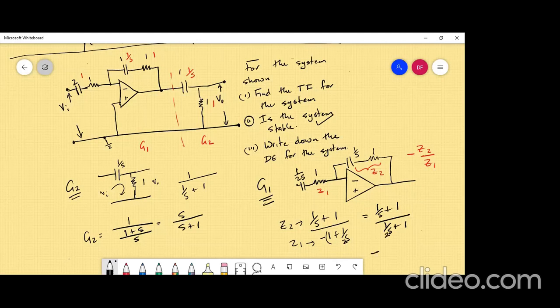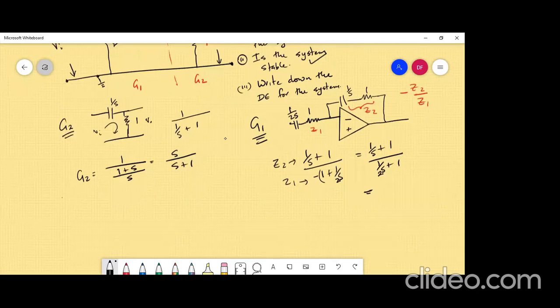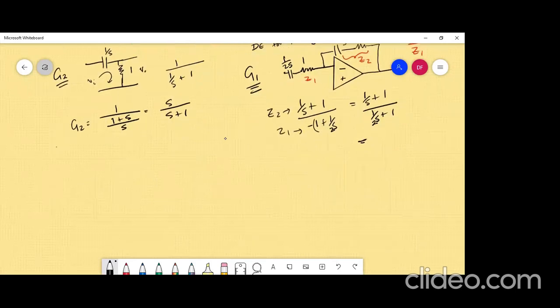So this is going to be equal to, when I put everything together, this is 1 plus S over S. And then this is 2S, 1 plus 2S.